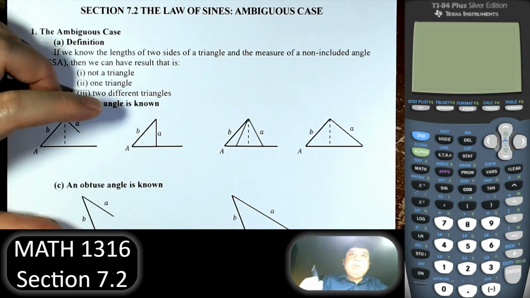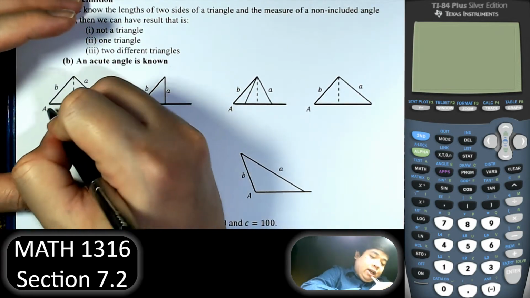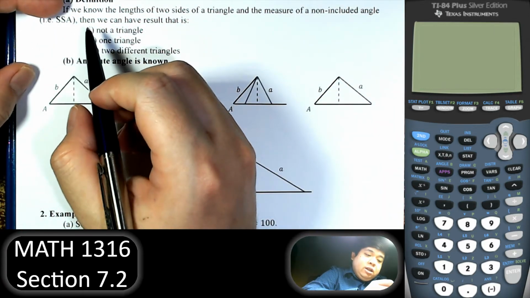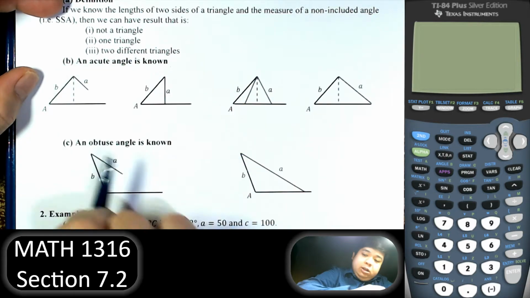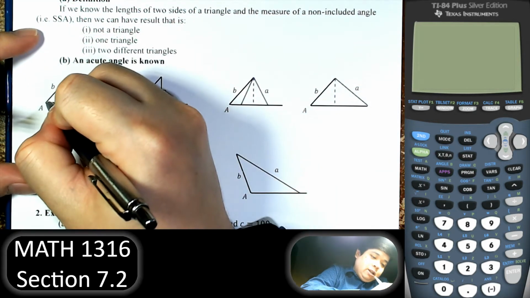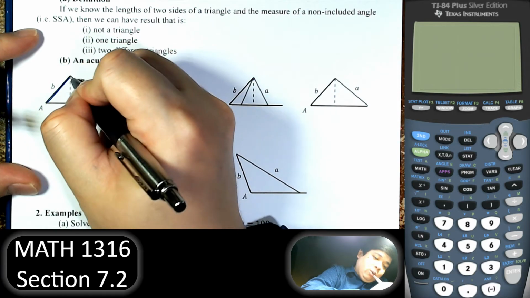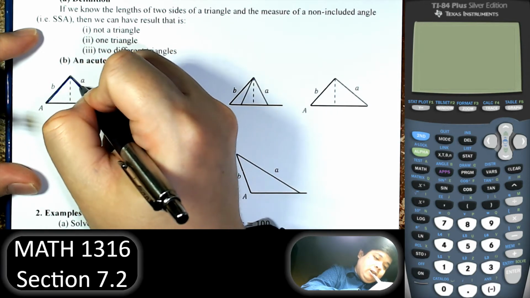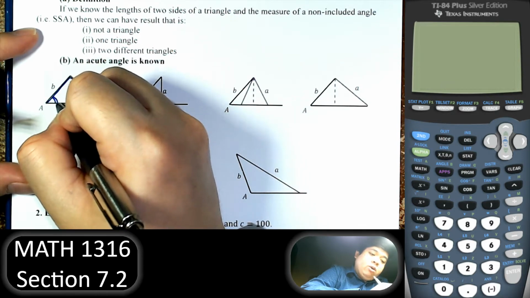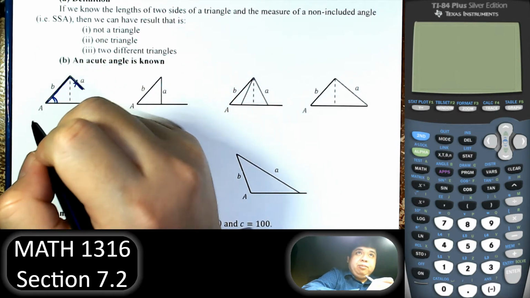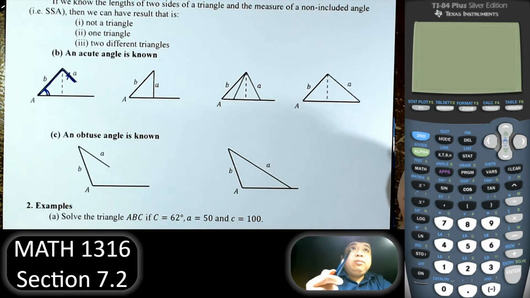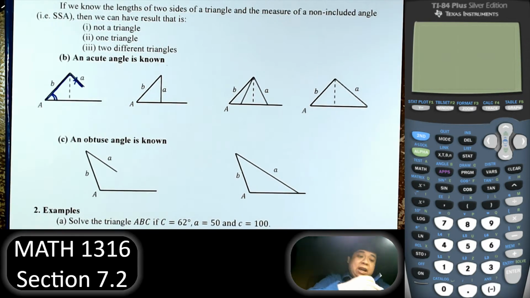Once again, we know this side and this side, but we also know the angle, not in between the two sides. That is the case of side, side, angle.